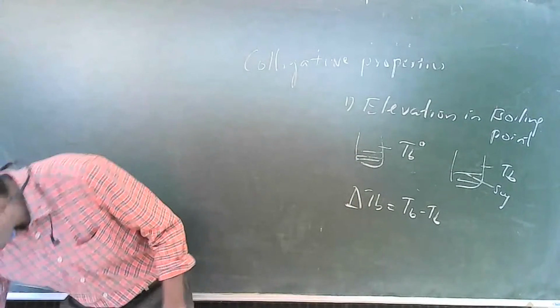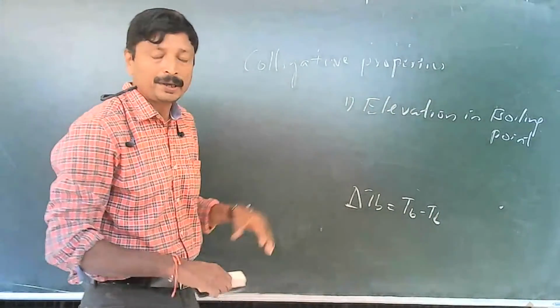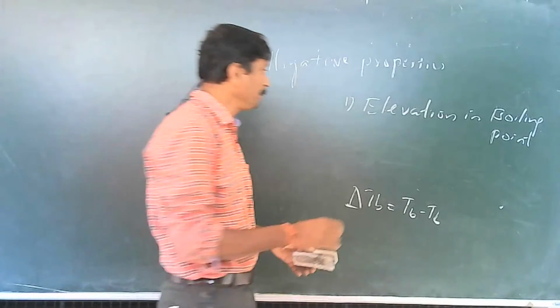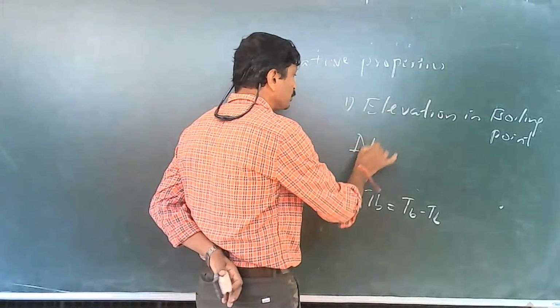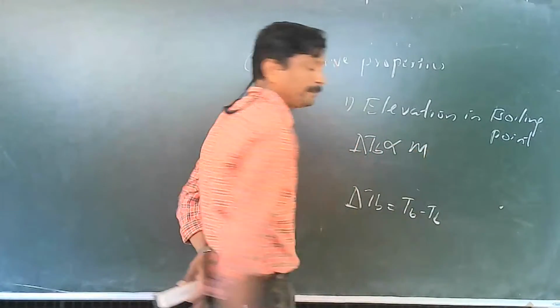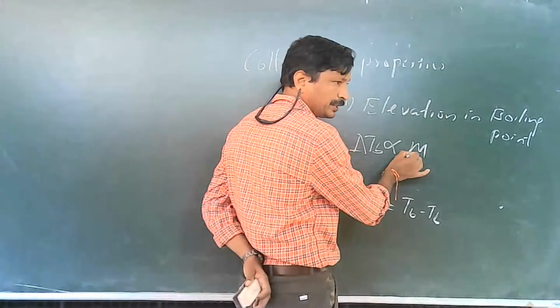What does the experiment show? Already we know that this is a colligative property. Colligative property means it should depend upon the number of solute particles. Therefore, the experiment also shows the same: delta Tb is proportional to m. What is small m? It's the molality of the solution.